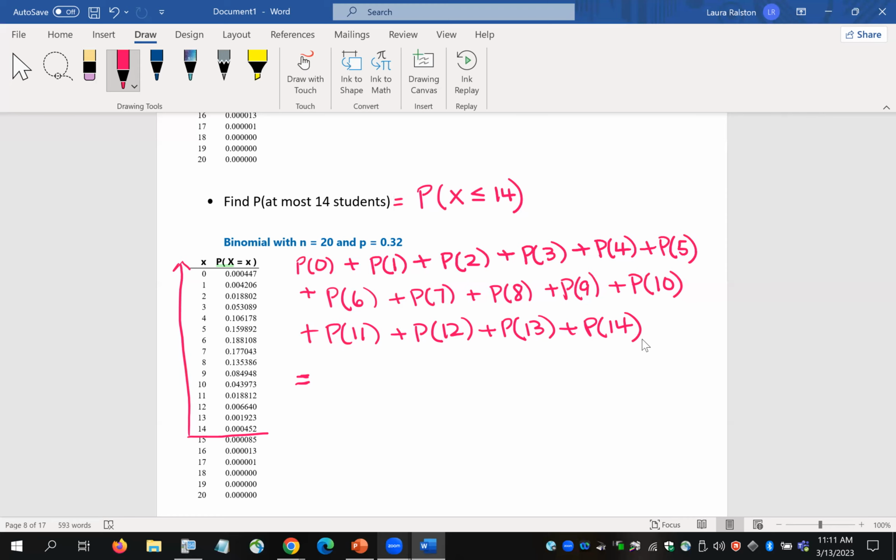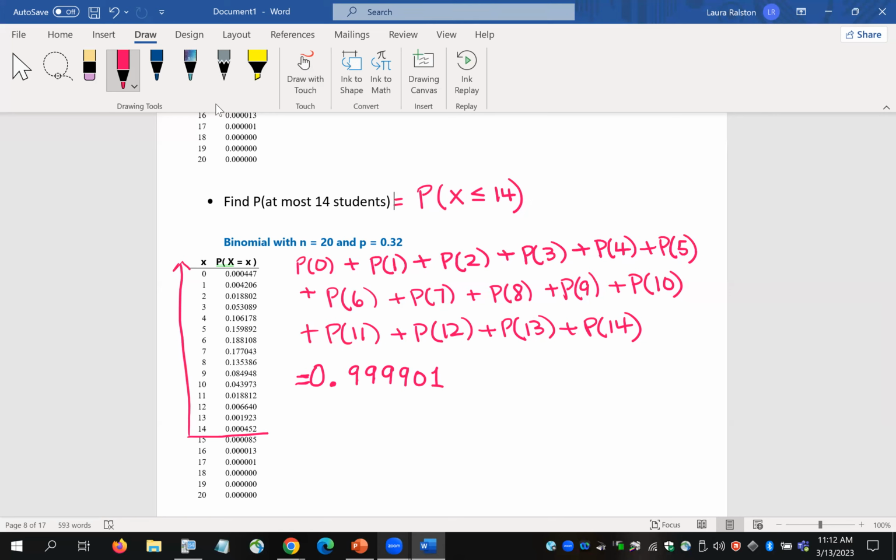Okay, I get 0.99991. Again, I knew I made a mistake the first time because I couldn't get a value greater than 1. So my second time, I did better.